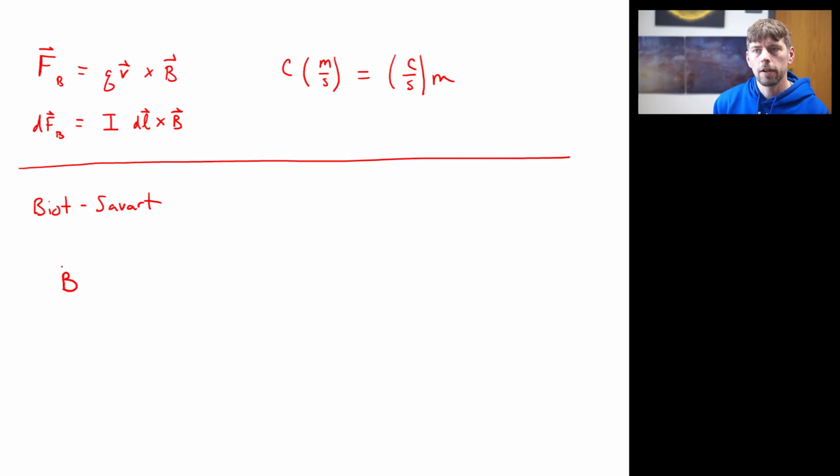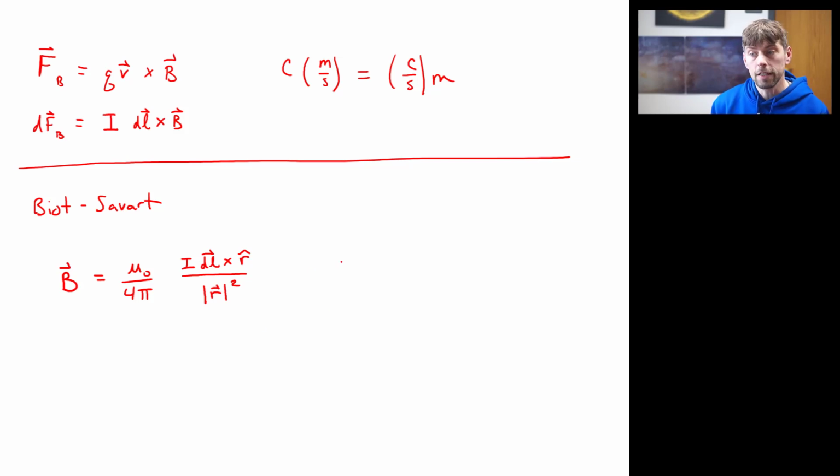But what he found out was that the magnetic field, which is a vector quantity, is given by mu naught over 4 pi, times I dl cross r hat, all divided by, and here I'll be very careful, the relative position vector squared. There we go.